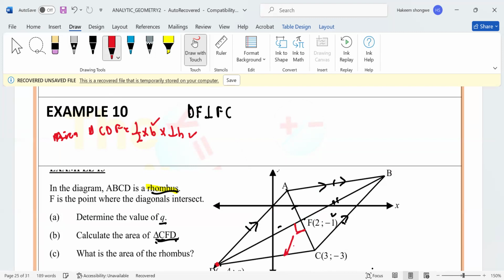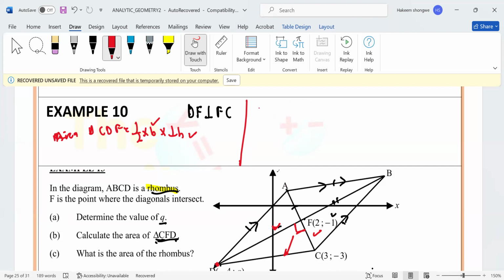Once you have a 90 degree, you have your hypotenuse side. The hypotenuse side cannot be the base, cannot be the height. So what are you going to be left with? You are going to be left with FC and DF. So those two can either be a height, or can also be the base. So what have I excluded? I only excluded the hypotenuse side.